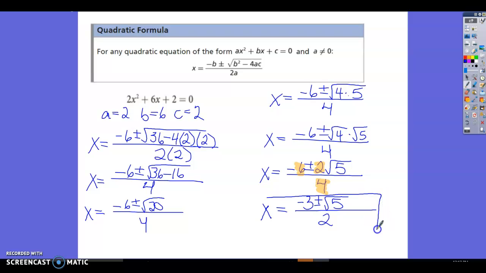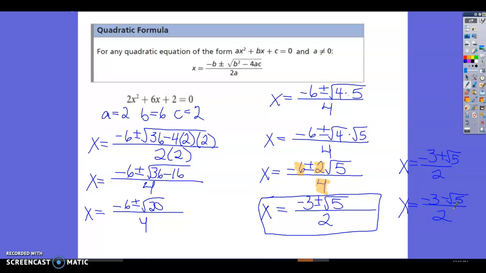All right, so this does represent 2 answers, but most of the time when it still has a radical in the answer, we leave it as negative 3 plus or minus the square root of 5 over 2. Now it does represent x equals negative 3 plus the square root of 5 over 2, and x equals negative 3 minus the square root of 5 over 2.